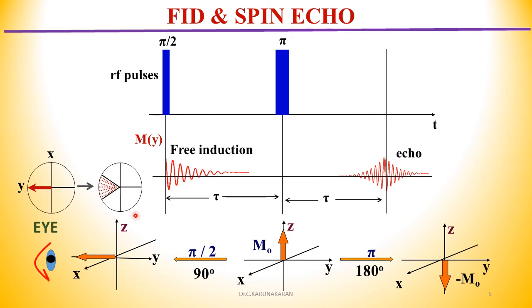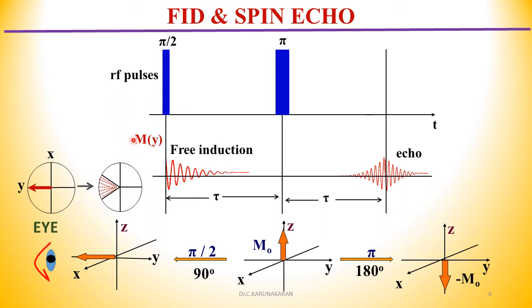After some time, with increasing time, the individual magnetizations fan out. Therefore, the intensity decreases. The intensity of the FID decreases, and finally it will reach the equilibrium net magnetization.